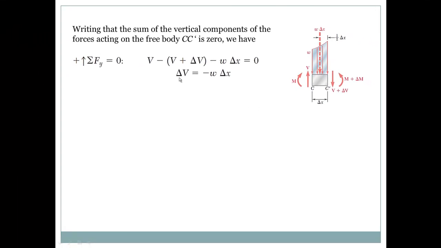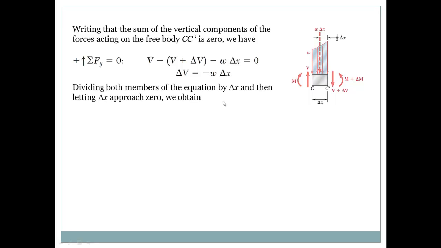From that we get that delta V equals minus W delta x. So if I divide both members of the equation by delta x and then let delta x approach 0, I will obtain dV over dx equals minus W.